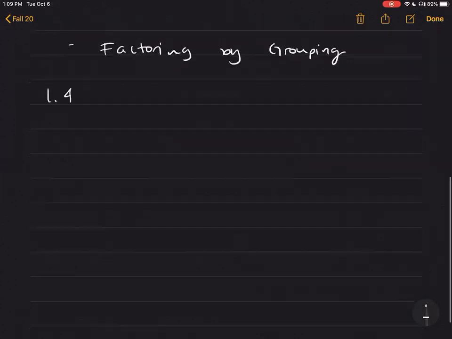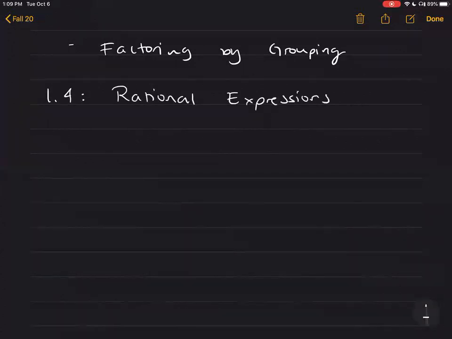That was followed by 1.4, which was rational expressions. So polynomial over polynomial, right?